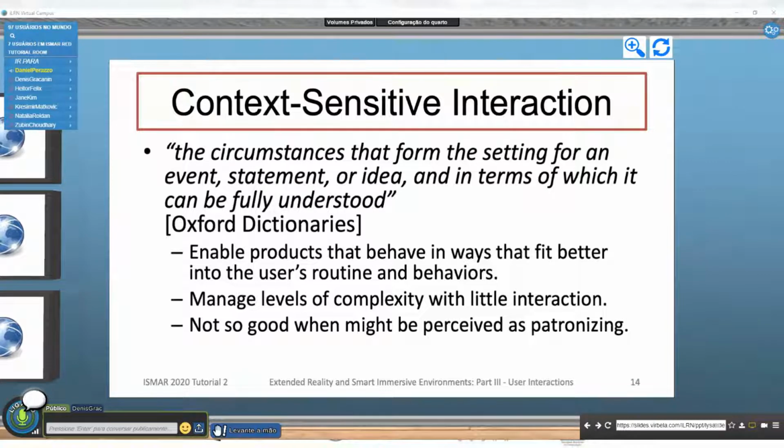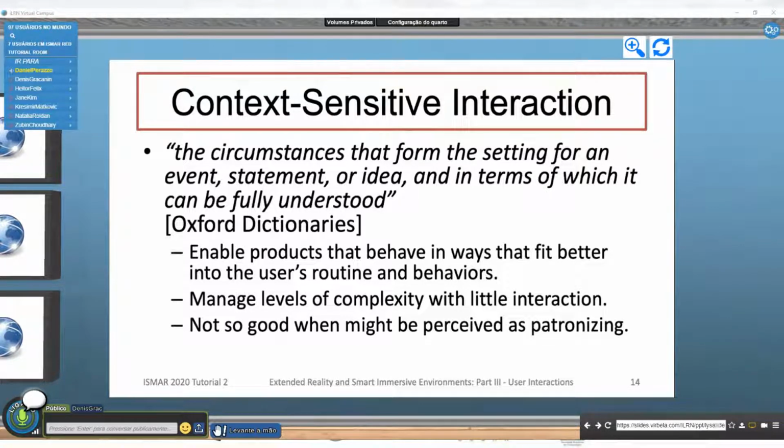But then again, we also need to think about the sweet spot, because when dealing with complex systems, let's say a smart house or smart built environment, on one end, we can give the user full control, which can be very complex with all the settings, all those parameters that need to be set. On the other hand, we can have a system that determines everything for the user, giving a recommendation or providing settings.